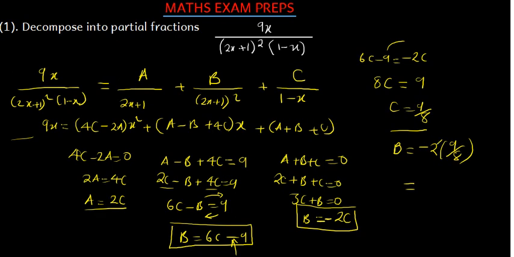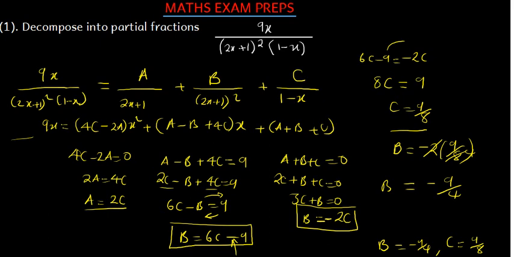And so 2 can go into there 4 times, so that b is going to be equal to negative 9 over 4. So let me keep it here. So b is equal to negative 9 over 4, and then c is equal to 9 over 8.